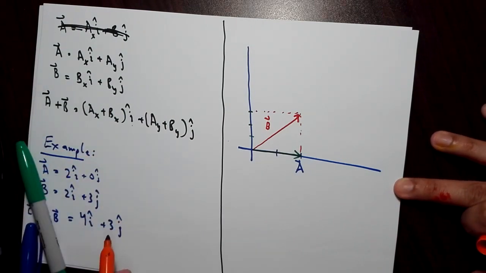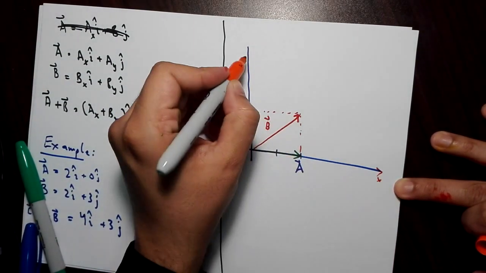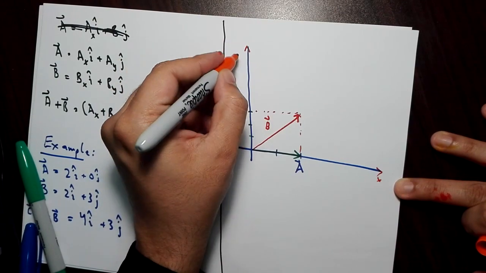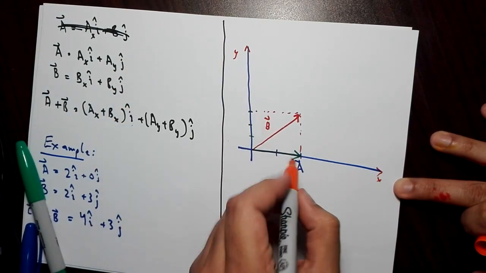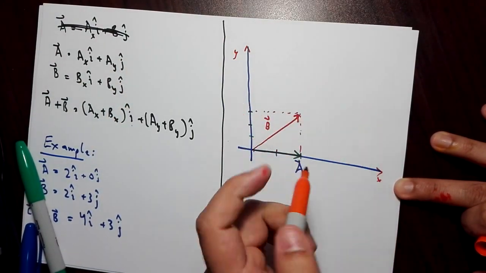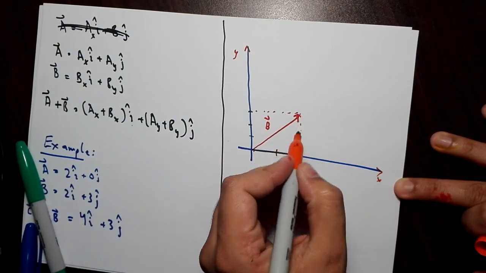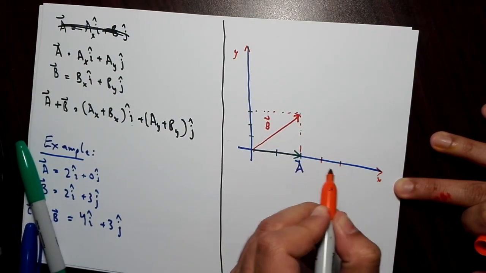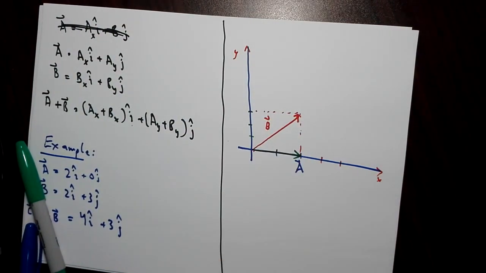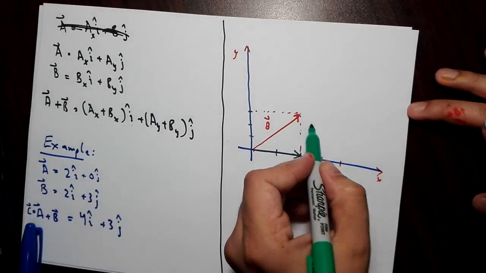Now you can get C also by using the head to tail rule. So if I place this A on the head of B, so A is 2 steps in the x, you get this will be your A, right?